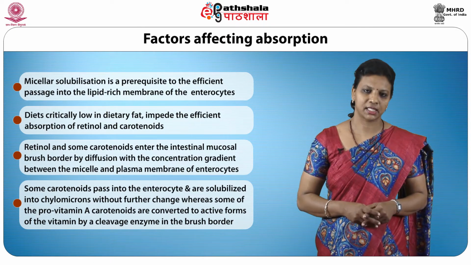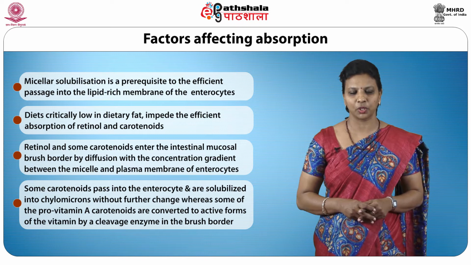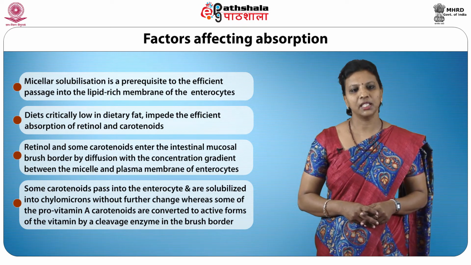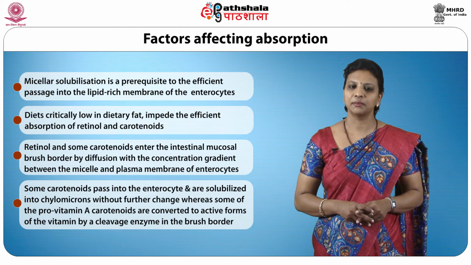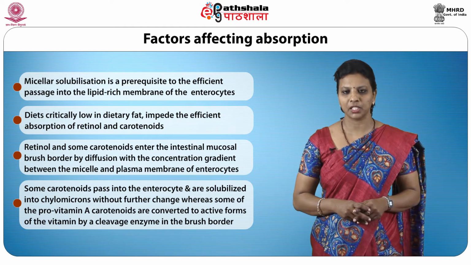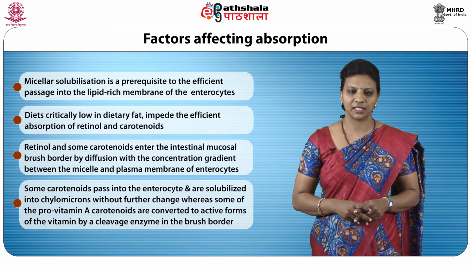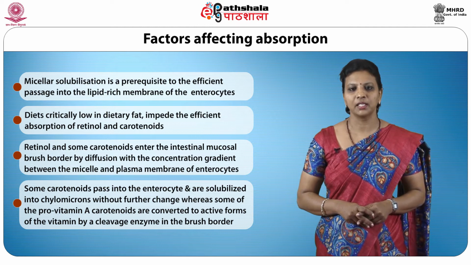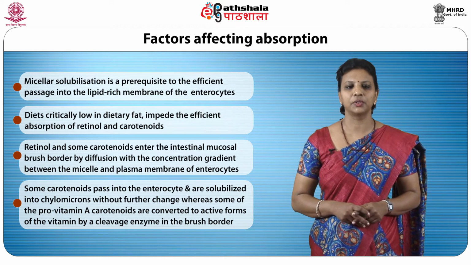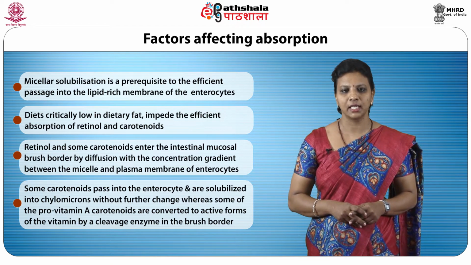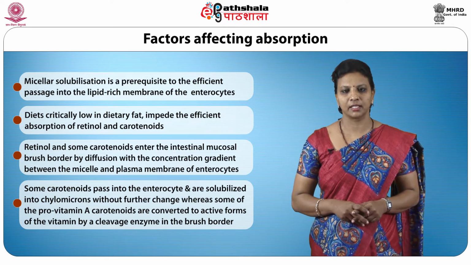The small intestine is the major site of absorption of vitamin A and its provitamins. Within the intestinal lumen, the vitamin is incorporated into a micelle and absorbed across the brush border into the enterocytes. Micellar solubilization is a prerequisite to their efficient passage into the lipid-rich membrane of intestinal mucosal cells, that is the enterocytes.